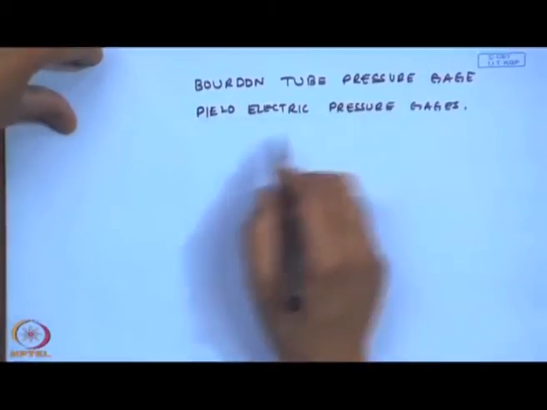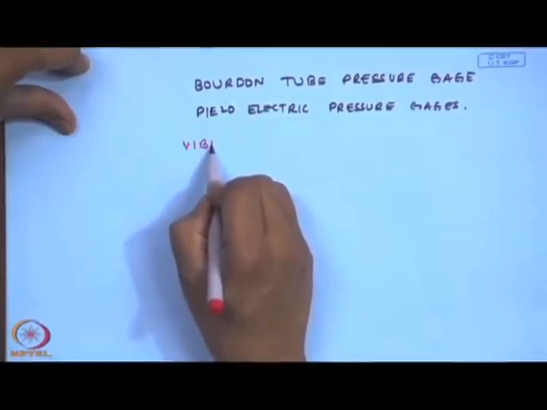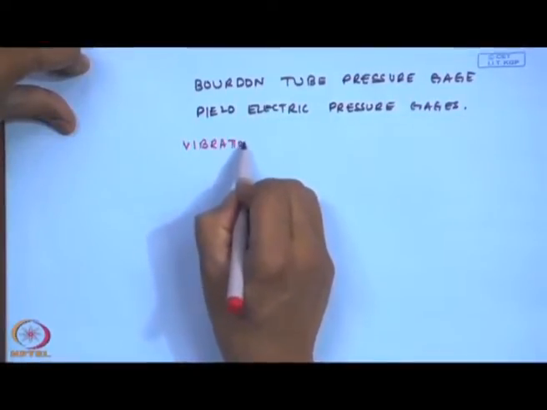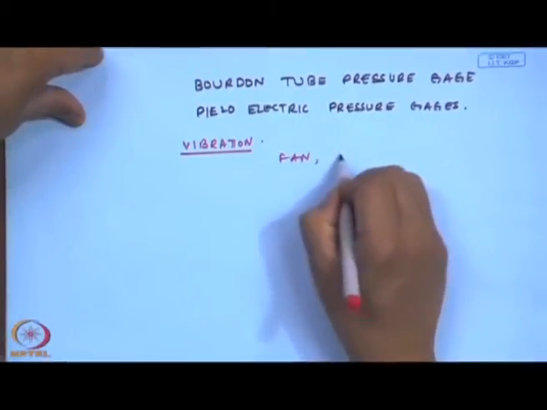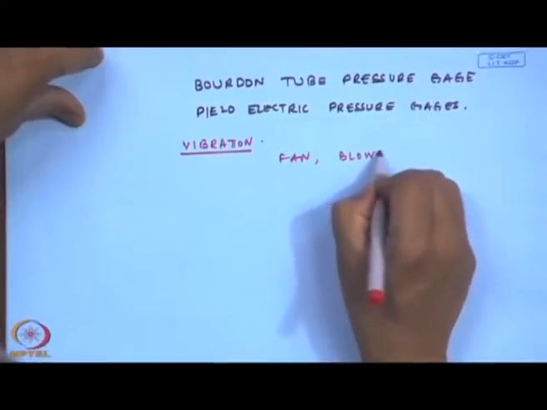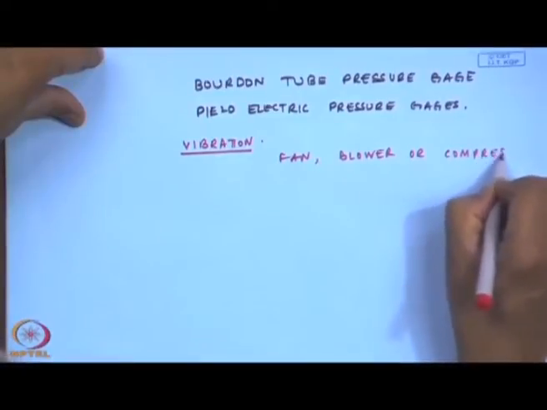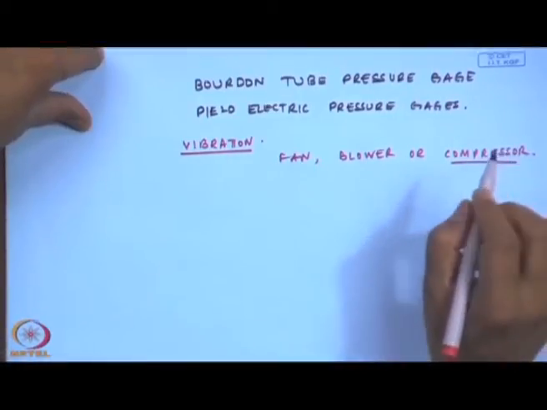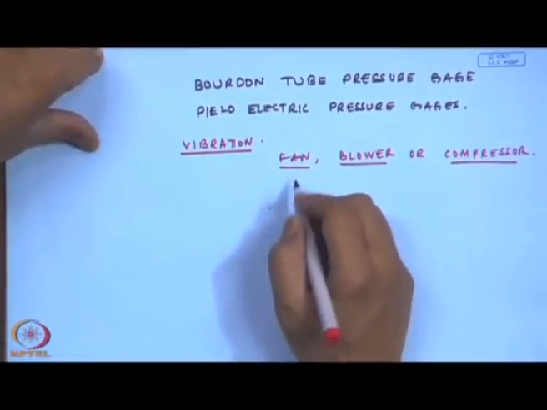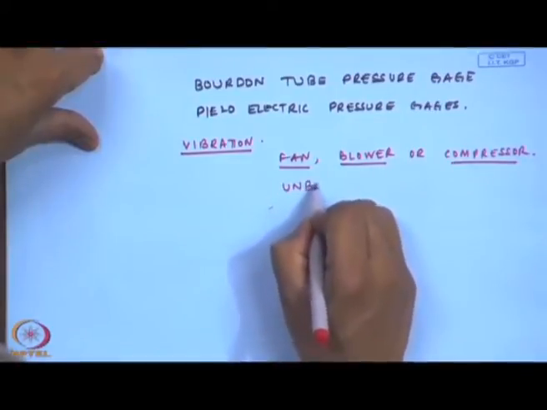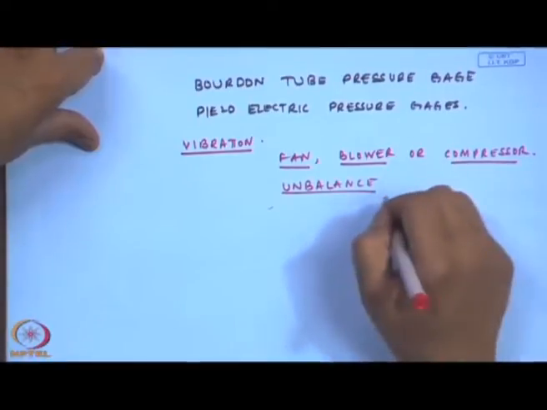Now, another very important parameter is this vibration. So, what are the sources of vibration in a fan, blower or compressor? Because some of them are very high speed rotordynamic devices, and any amount of unbalance will give rise to vibrations.